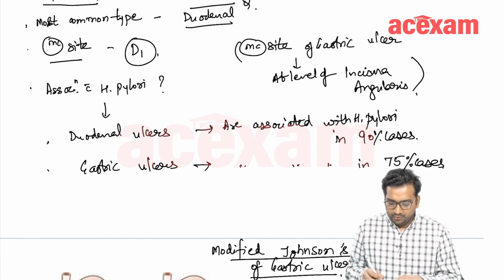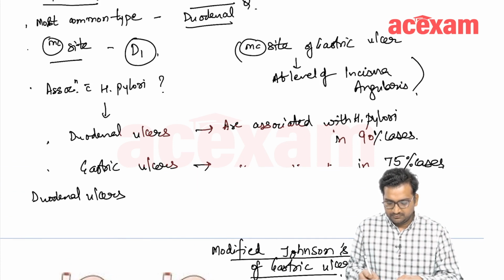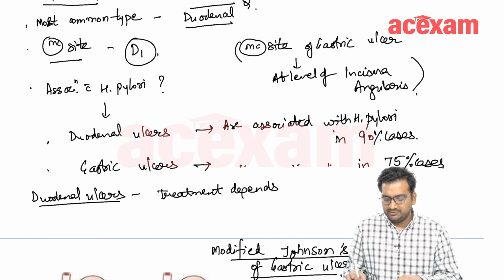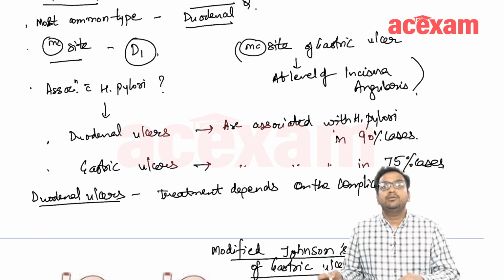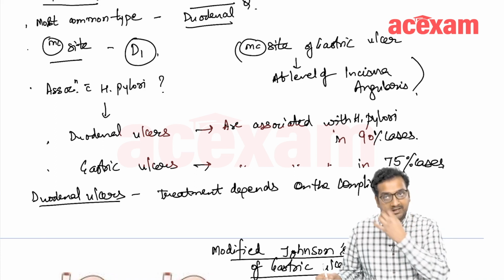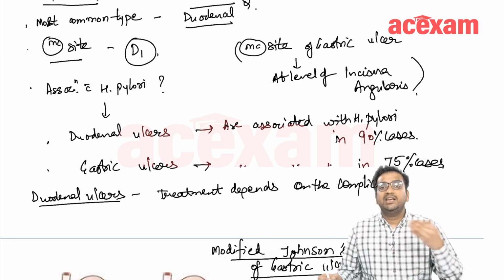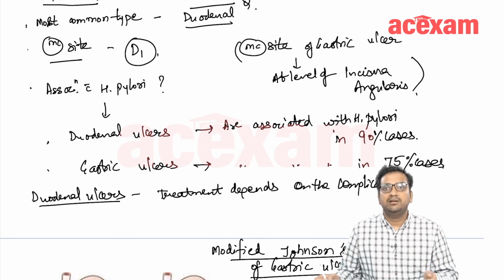Okay, so for duodenal ulcers, treatment depends on the complications. Generally, we are going to give them PPIs and other medications. But in case there is complication, then we'll have to deal with the complication.